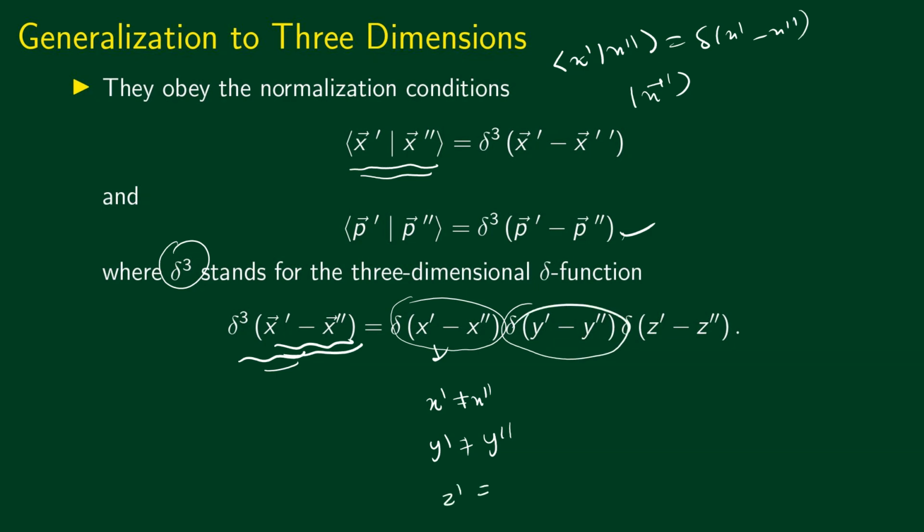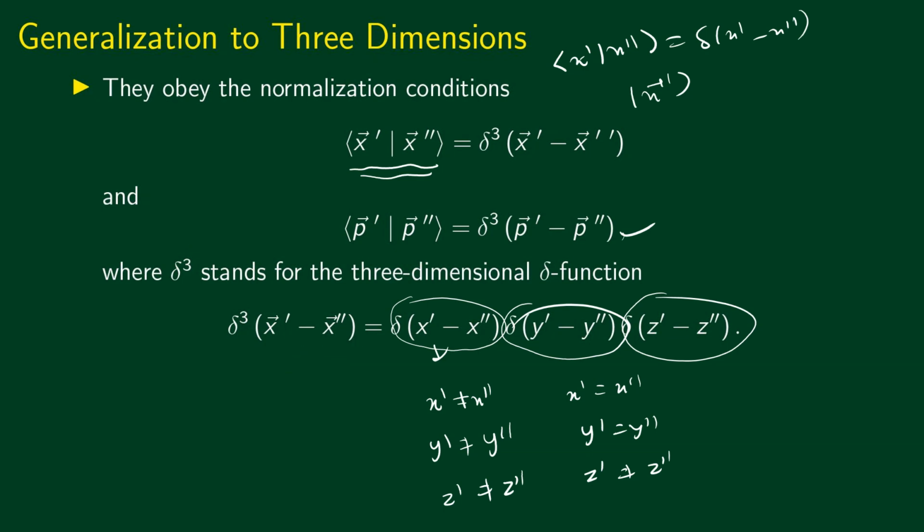And if z prime is not equal to z double prime, then this term is also 0. So this three-dimensional Dirac delta is 0 even if x prime is equal to x double prime and y prime is equal to y double prime, but only z prime is not equal to z double prime. Even in this condition, the three-dimensional Dirac delta is 0. This Dirac delta returns the value 0 if any of these arguments are non-zero.